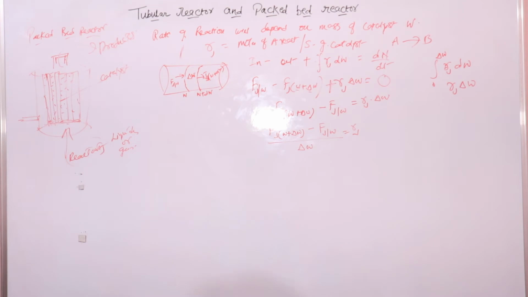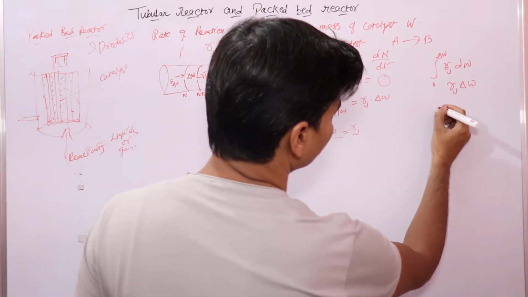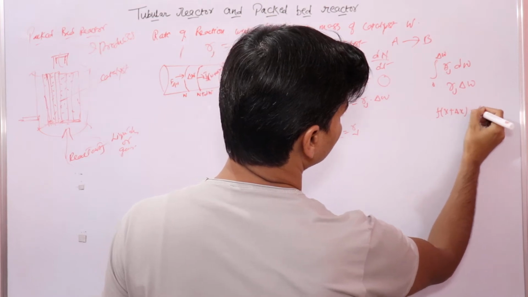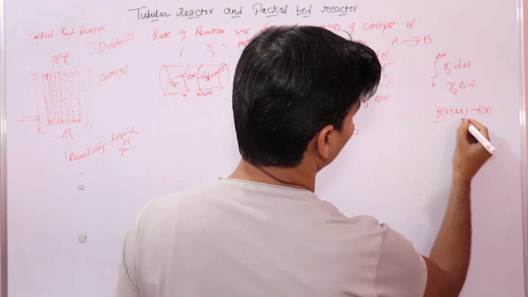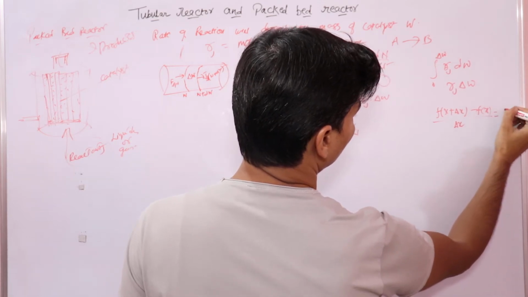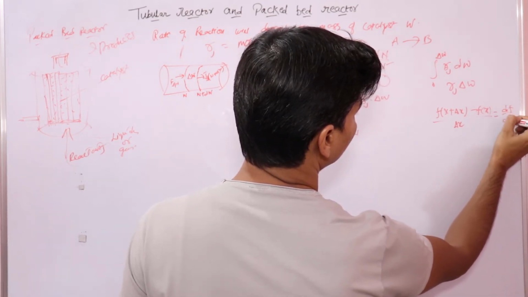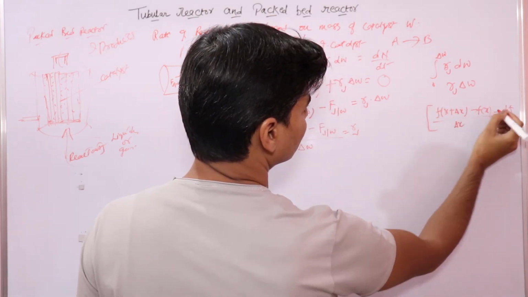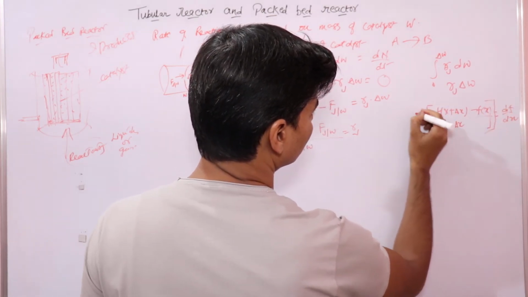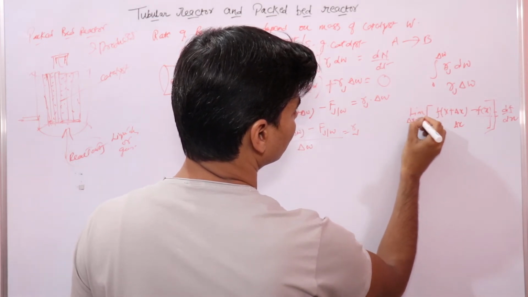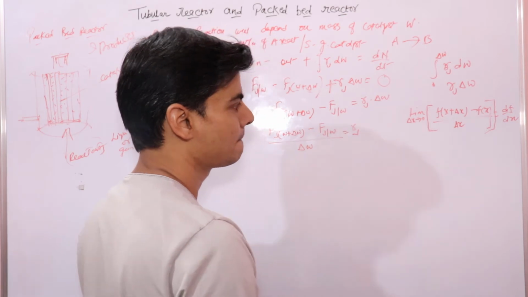Now the same formula, which is F of x plus delta x minus F of x upon delta x, equal to df upon dx, limit delta x tends towards 0.